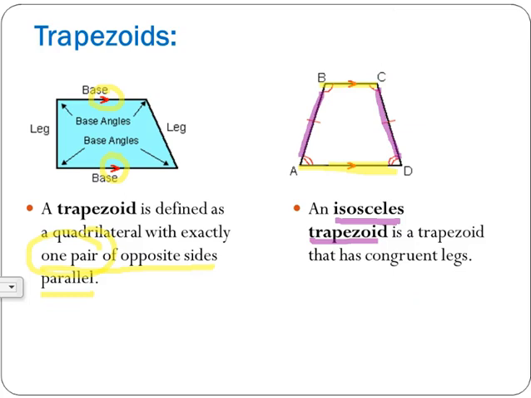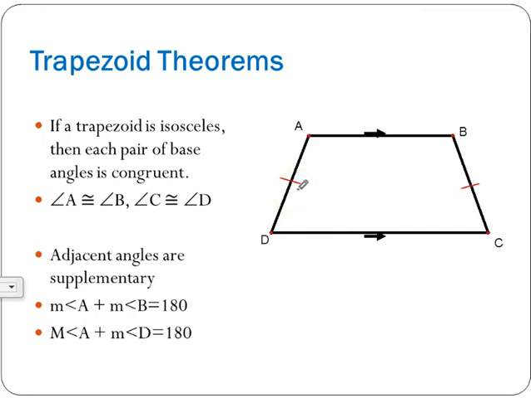All right, so some trapezoid theorems that we can use to solve problems where there are some unknowns. If we have a trapezoid that is an isosceles trapezoid, and it is isosceles because we've got a set of congruent sides, then each pair of base angles is congruent.